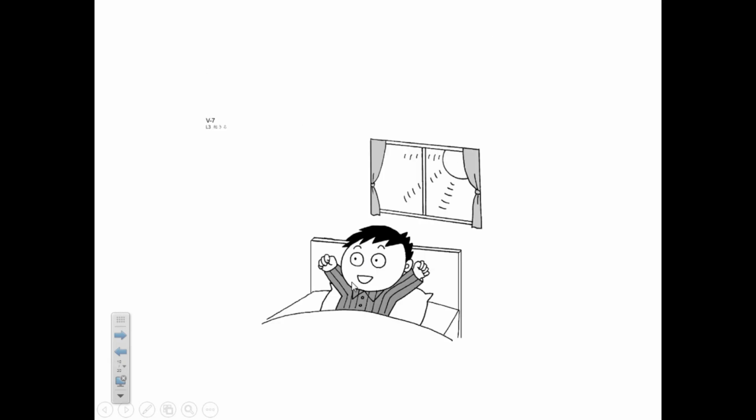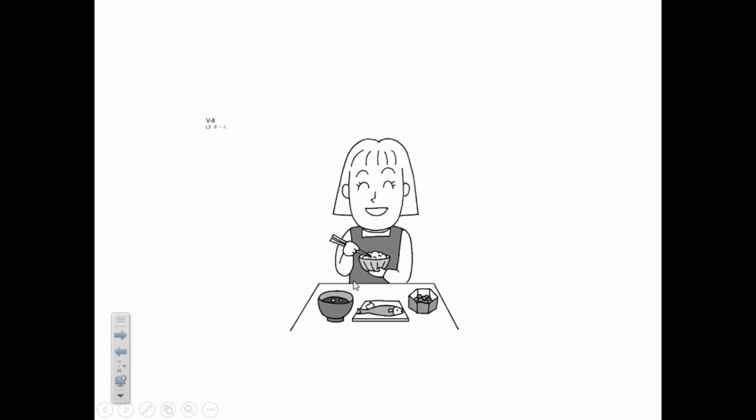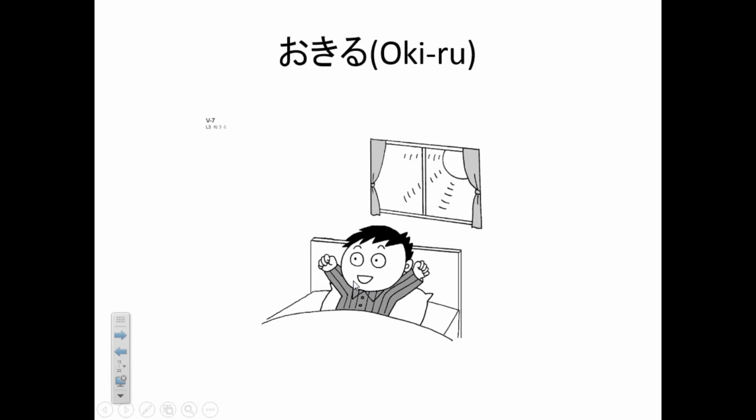This is one of them. To get up, to wake up, okiru, ending with ru. Next one is already learned, to eat, taberu. You did this one.